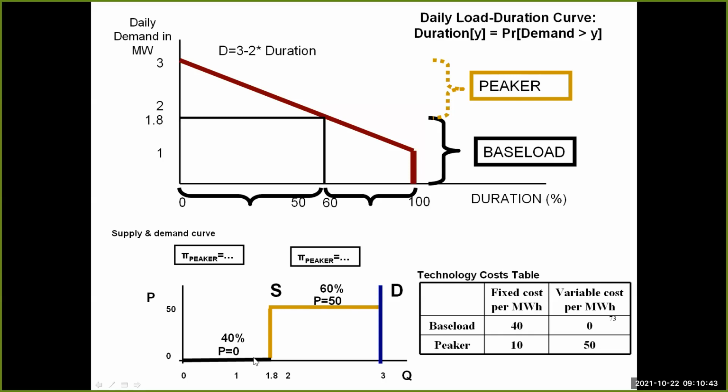This is 40% of the area between 1 and 3, so that has a probability of 40%. Between 1.8 and 3, we have an area of 1.2. 1.2 out of 2, that is 60%. So this area is 60%, uniform distribution. So what do we expect? 40% of the time you have a price of 0, 60% of the time you have a price of 50.